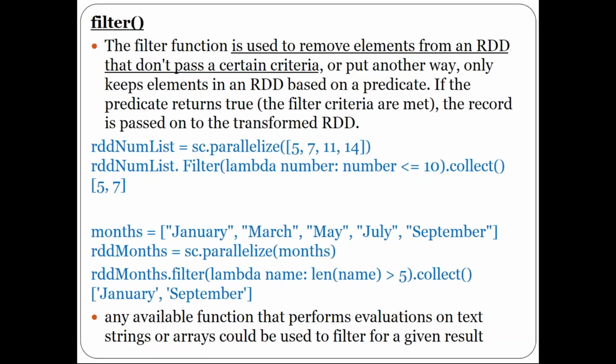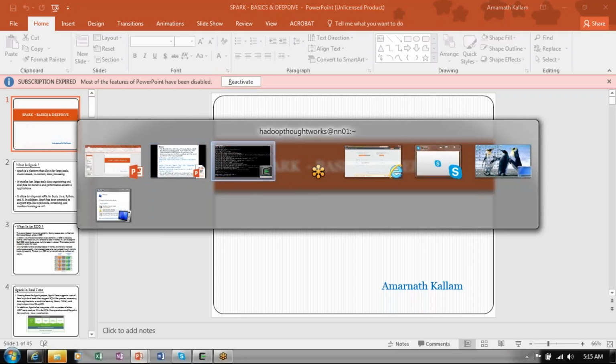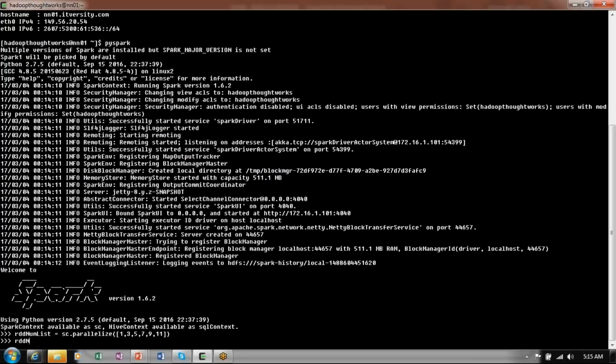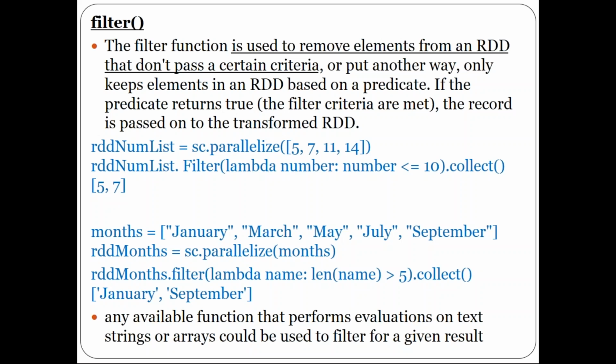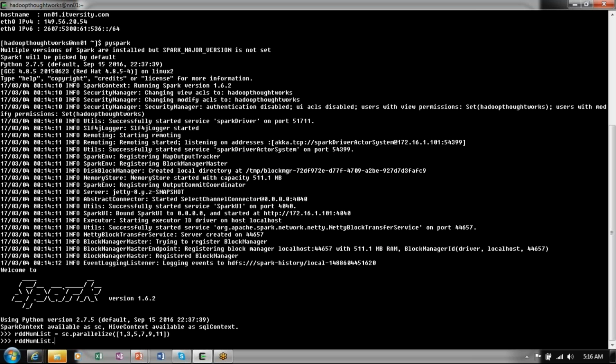Simple, very simple. If you have any questions, let me know. Now what I'll do is RDD num list dot filter, F is uppercase, dot filter. You have the lambda function here.